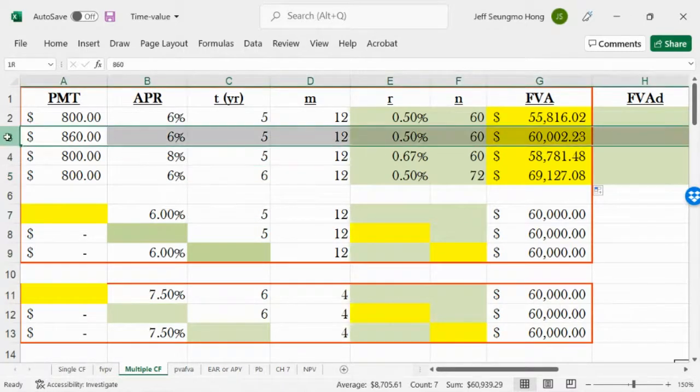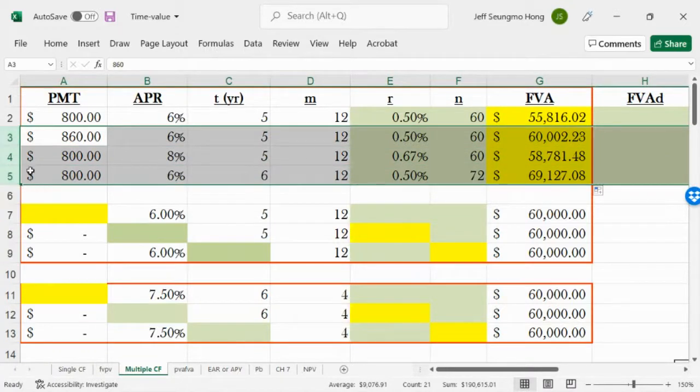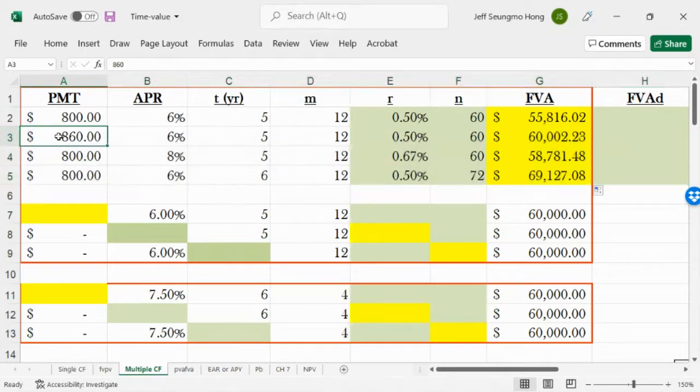We can explore the alternate scenarios, and it doesn't take that much time. You can do it easily in a split second, so it's not a big deal. But if you really want to know what the exact payment should be, yes, we can find that.